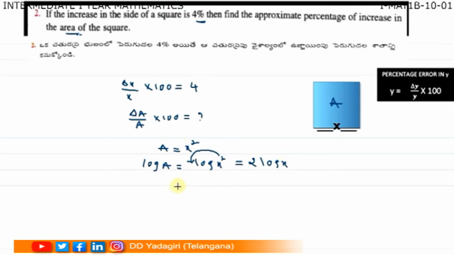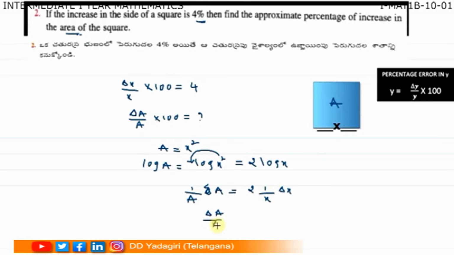Differentiate both sides, then you get, by log differentiation, 1 by A, error in A is delta A, is equal to 2, log's derivative is 1 by x, error in x is delta x. Now multiply both sides with 100.